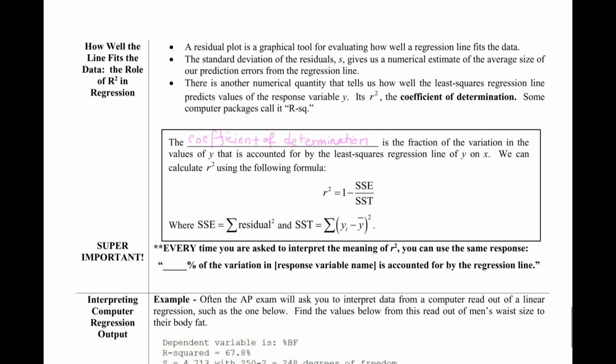Okay, so we can calculate it using this formula. I don't think this formula is on your formula sheet, but that's okay. All right, so it says where SSE is the sum of the residuals squared. So this is basically the sum of your least squares.